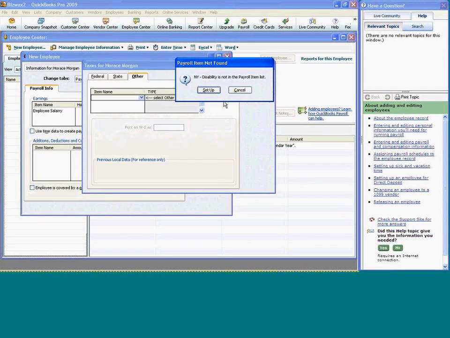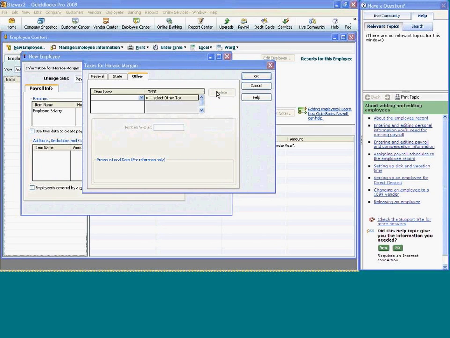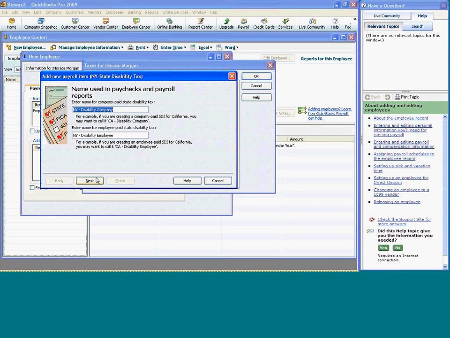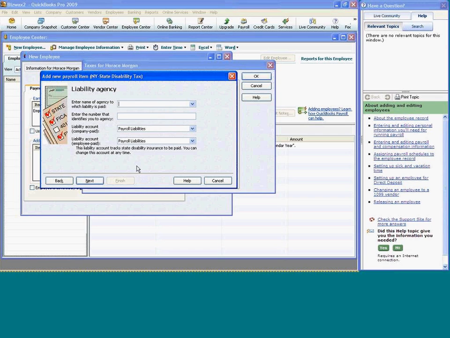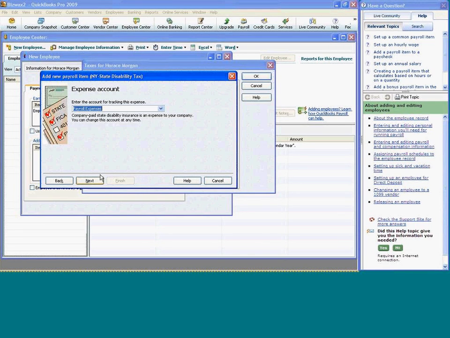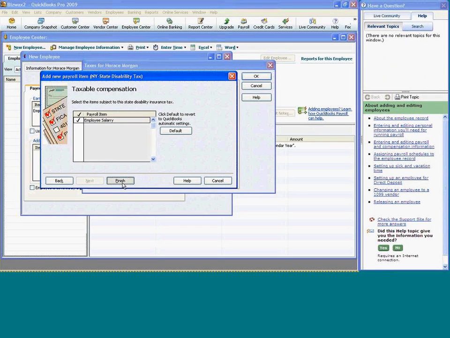So now we're finished. So finish. Company tax rate is 4.5% for unemployment, and finish.